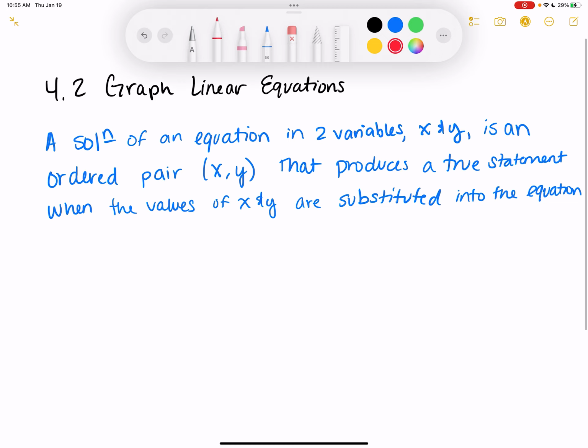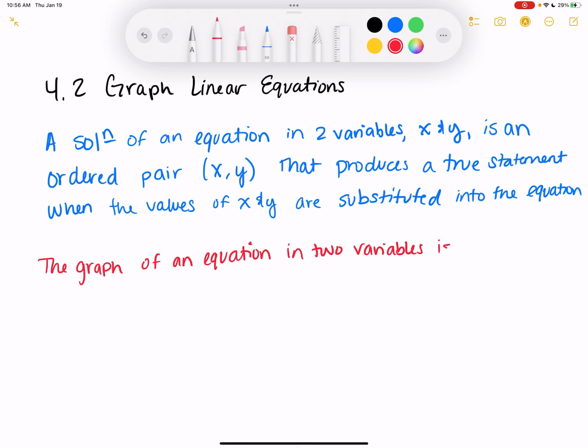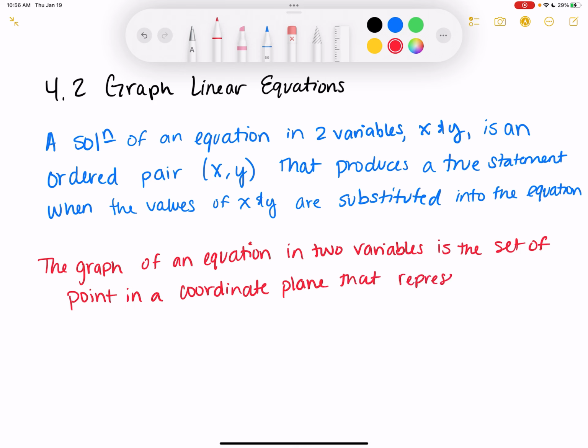And then the graph of an equation in two variables is the set of points in a coordinate plane that represent all solutions of the equation.